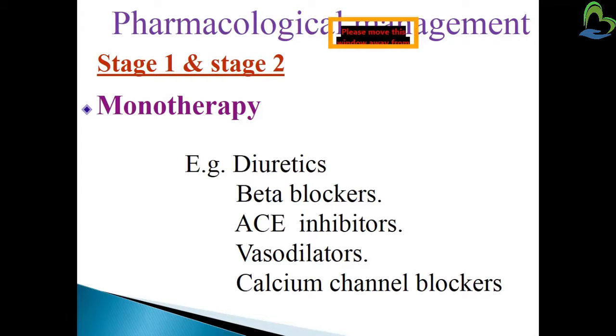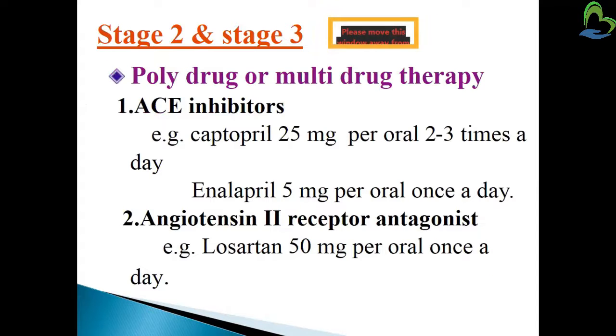Examples are diuretic drugs, beta blocker drugs, angiotensin converting enzyme inhibitors, which stop the conversion of angiotensin 1 to angiotensin 2, so inhibitor drugs are there. Vasodilator drugs keep a proper diameter to let the blood flow easily. Calcium channel blockers can be given. In stage 2 and stage 3, poly drug or multi drug therapy has to be given.